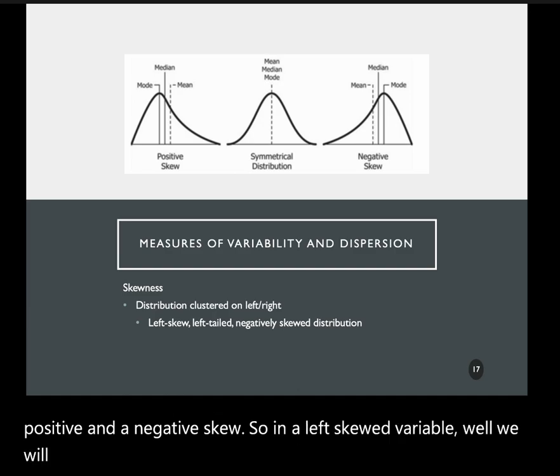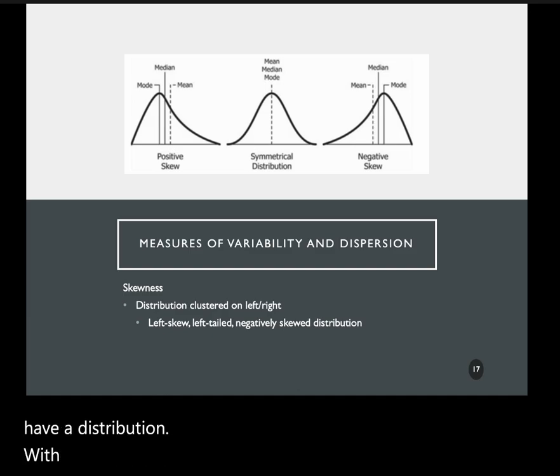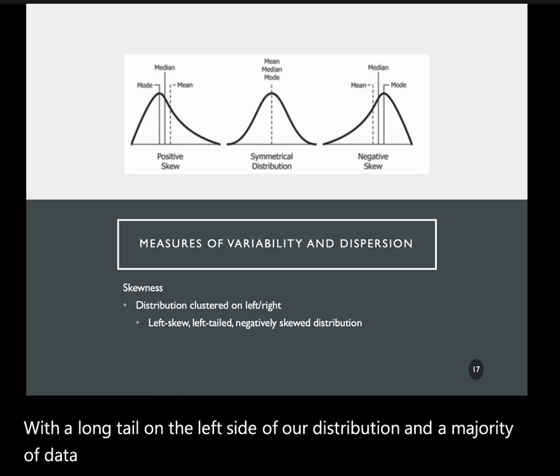So in a left skewed variable, we will have a distribution with a long tail on the left side of our distribution and a majority of data on the right. So here is an example of left skewed data.